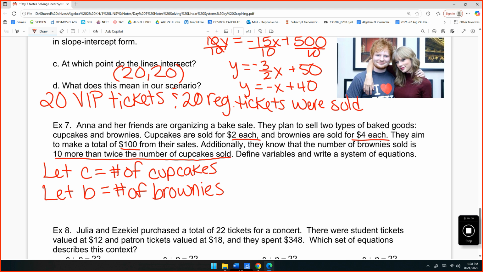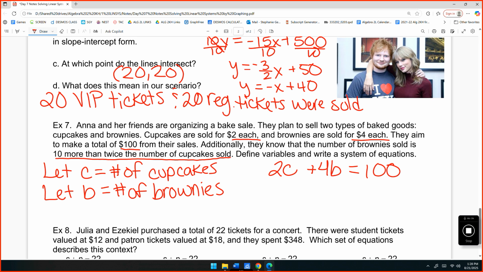All right, so cupcakes are sold for $2 each. Brownies sold for $4 each. 4B. So that's talking about the money, so that has to equal 100. Now here comes the sneaky one. They know that the number of brownies sold is 10 more than twice the number of cupcakes sold.